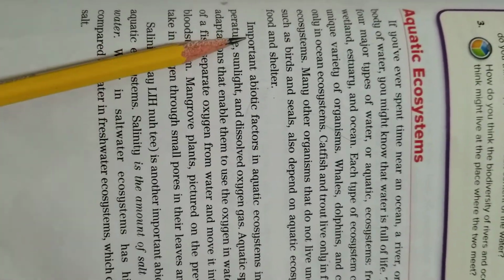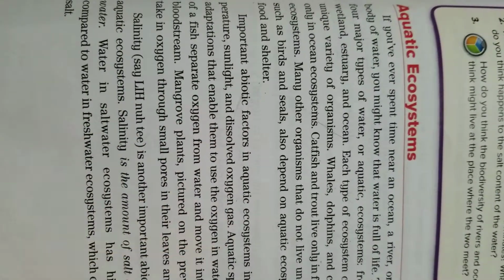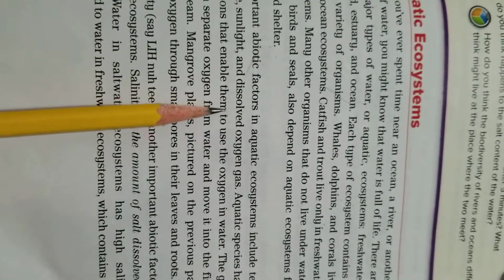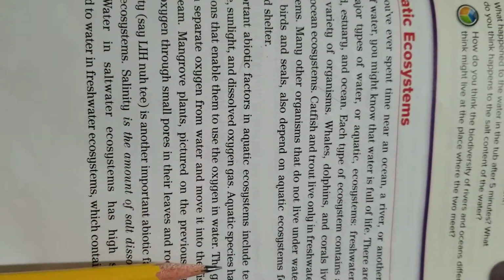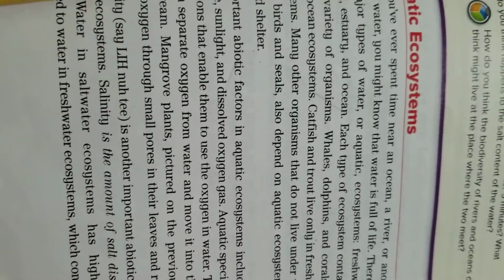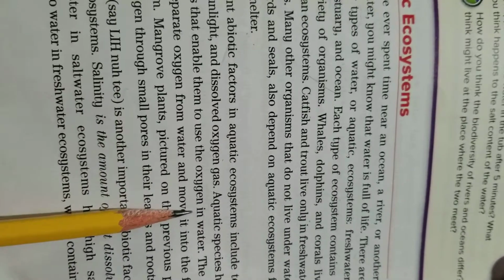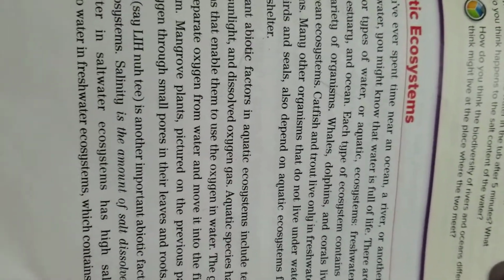Important abiotic factors in aquatic ecosystems include temperature, sunlight, and dissolved oxygen. Aquatic species have adaptations that enable them to use the oxygen in water. Very interesting. Oxygen in water.